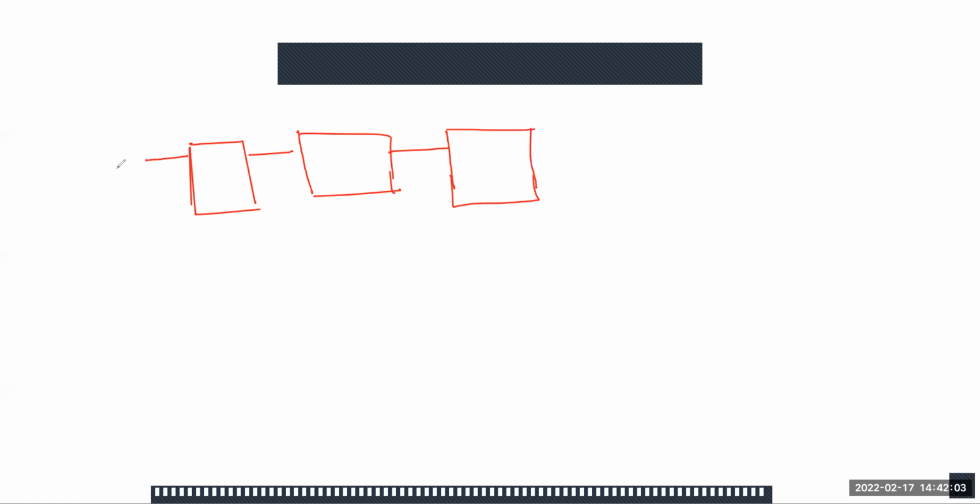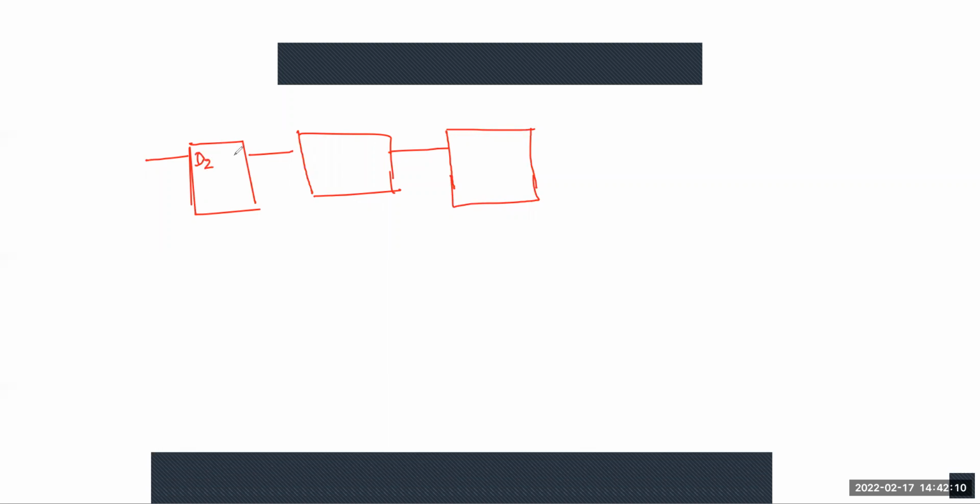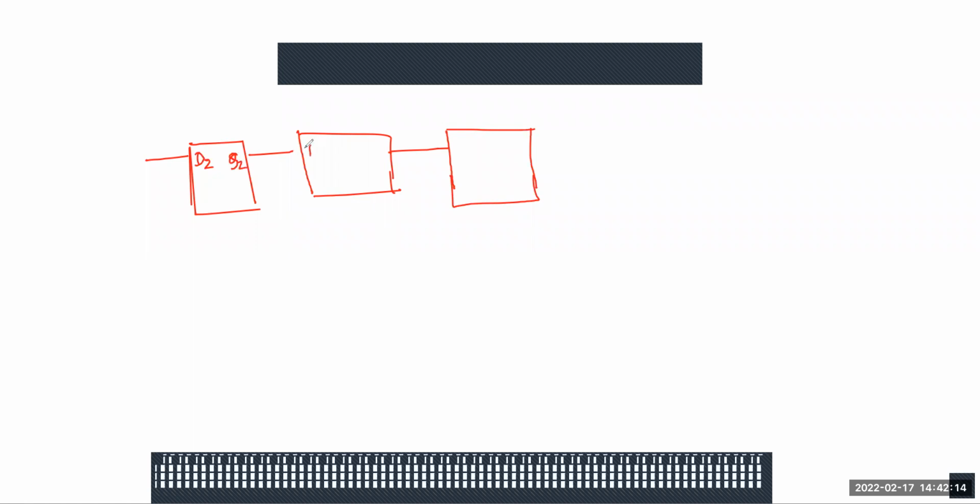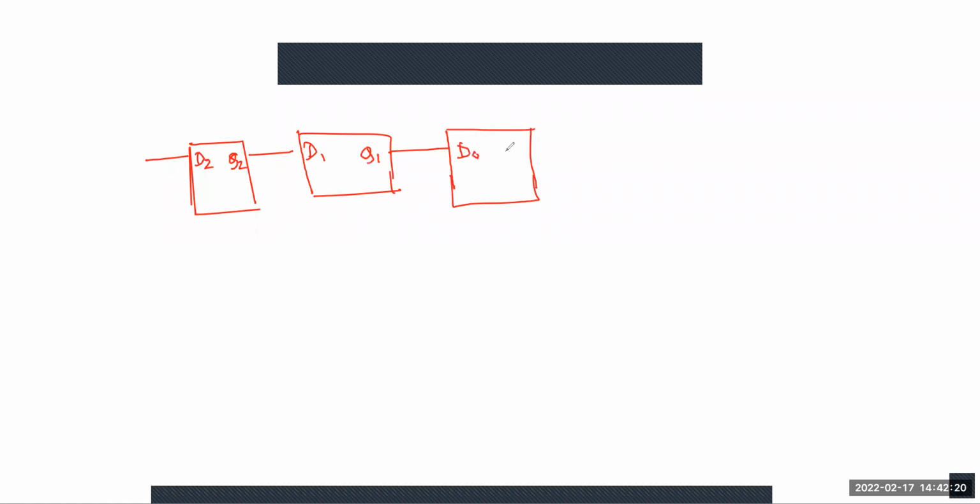So this is the serial input. Here we are mentioning D2, and this is Q2. This is D1, this is Q1, and this is D0, and this is Q0.